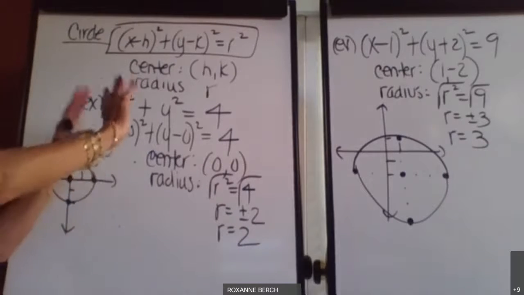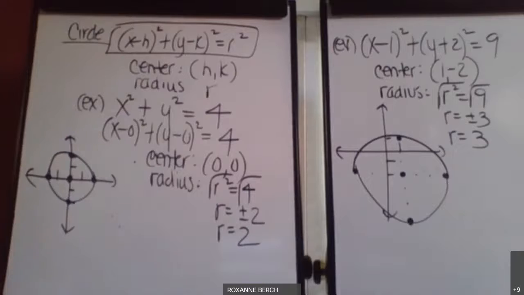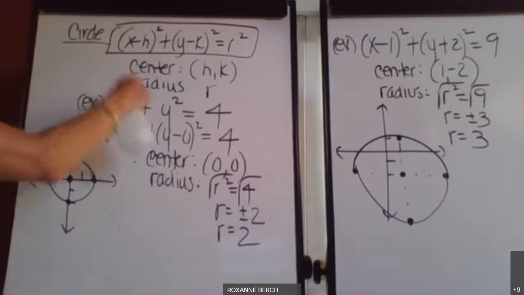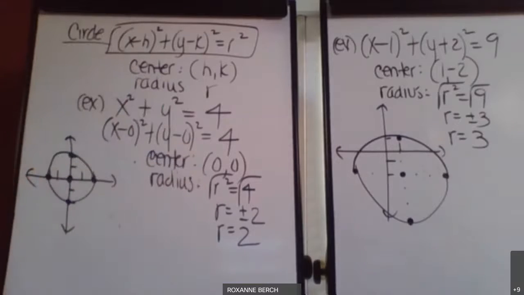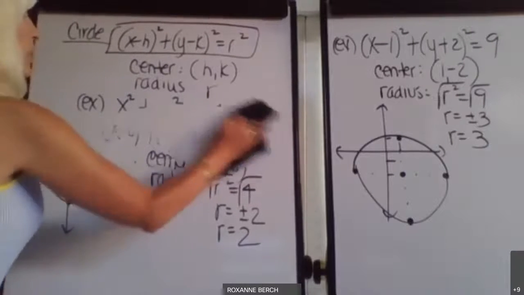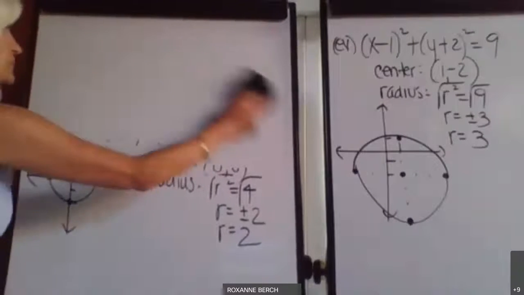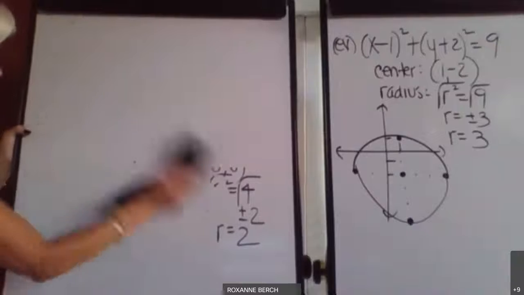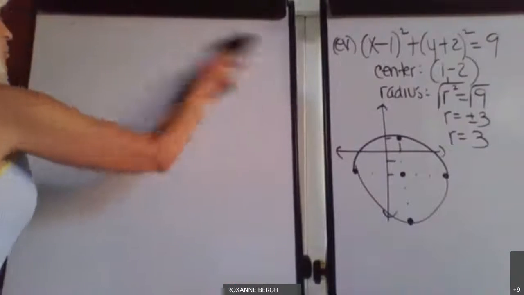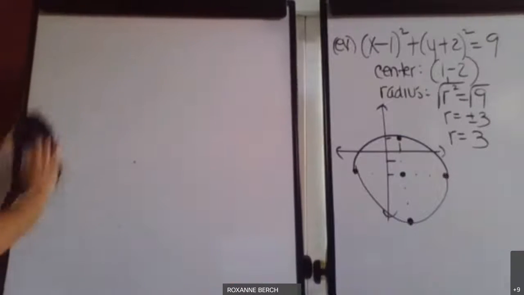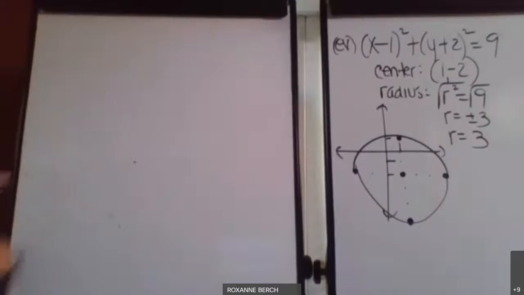Okay, does anybody have a question about this? Because now we're going to graph an inequality. All right. Now we're going to follow the same steps as the linear inequality, but let's write down the problem.